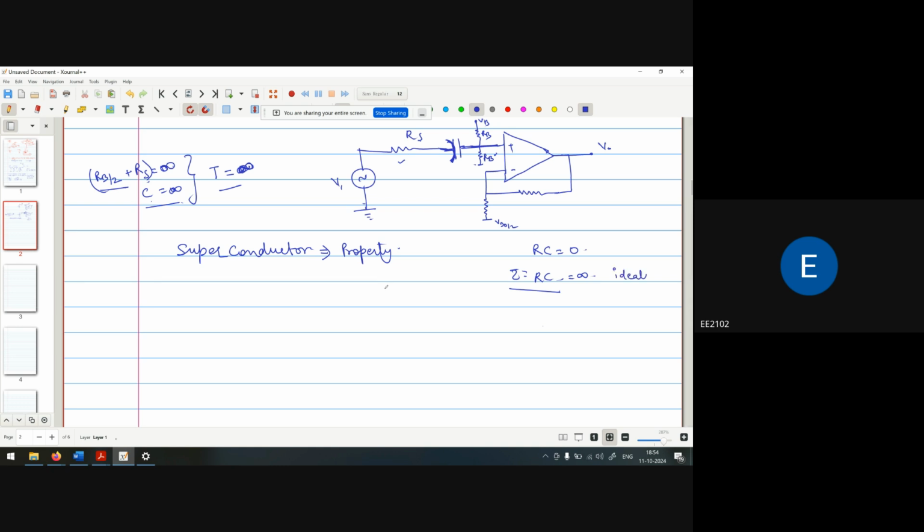So ideally it may be feasible, but practically it is not feasible. Why not feasible? Because if Rb by 2 plus Rx is infinite, that means current is 0.